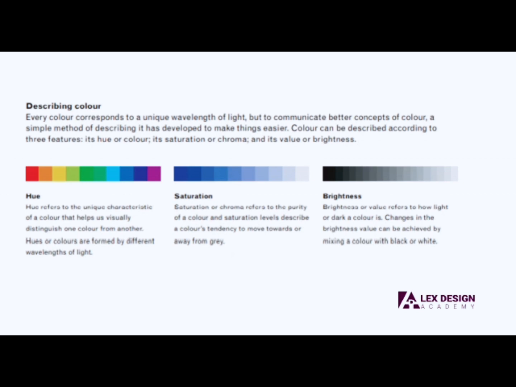The colder it is, the more white you're adding to that color. Now brightness, or value, is how bright or how much light is in that color, or how dark that color is.